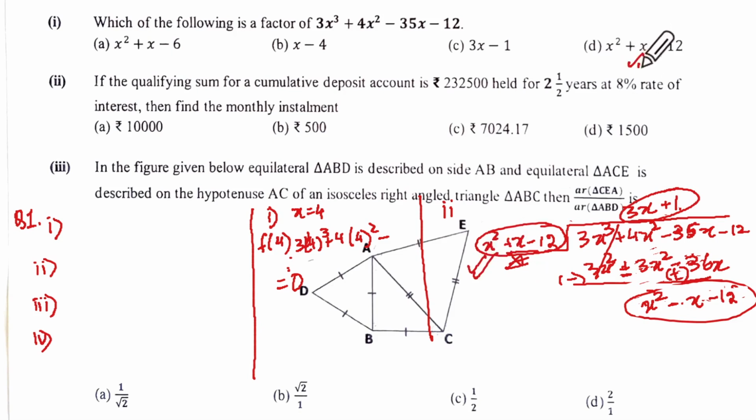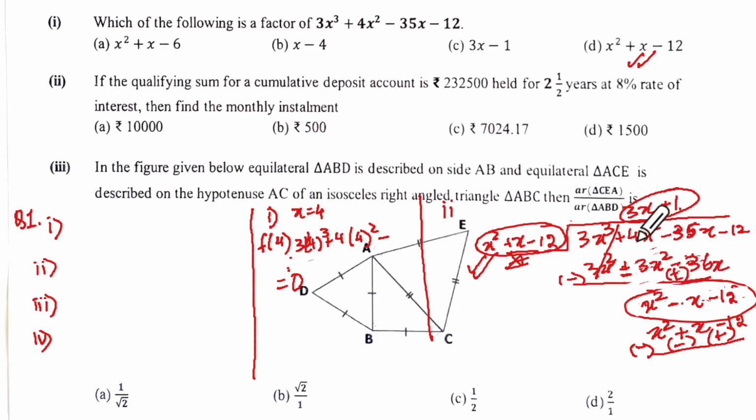Okay, this is the factor. Ma'am, it should be x square plus x minus 12.